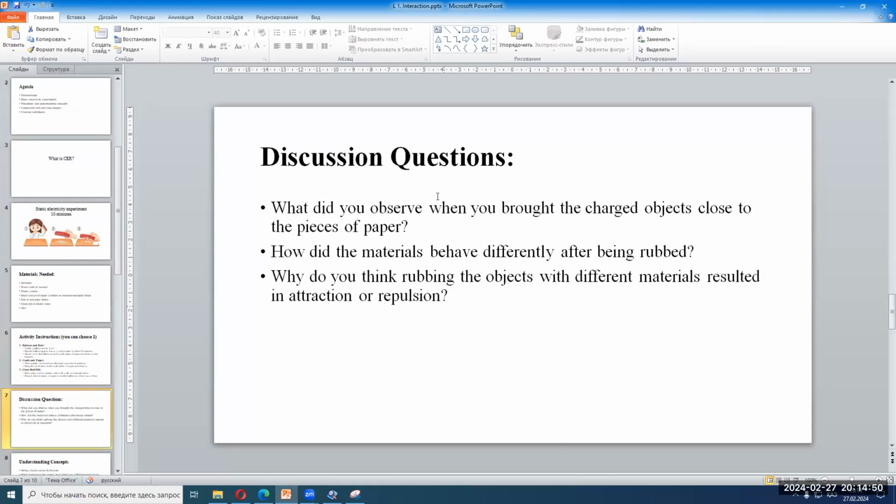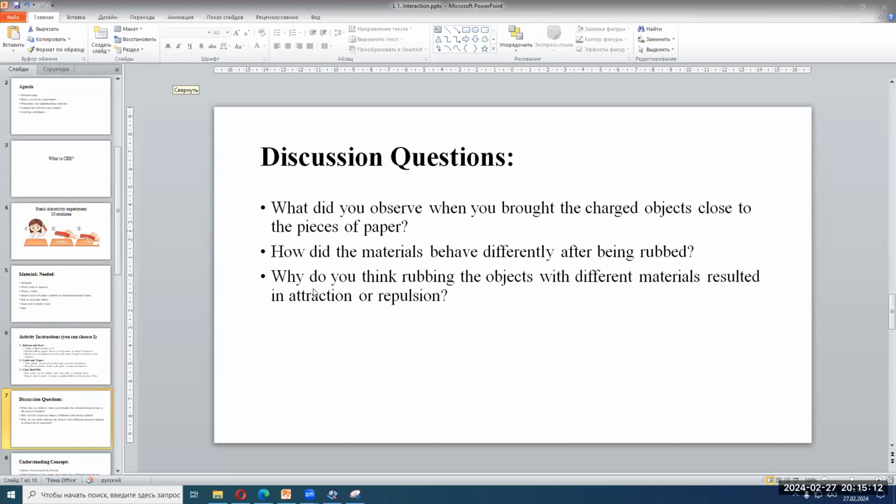So, questions for discussion. What did you observe when you brought the charged objects close to the piece of paper? How did the materials behave differently after being rubbed? Why do you think rubbing the objects with different materials resulted in attraction or repulsion? Just a small comment.